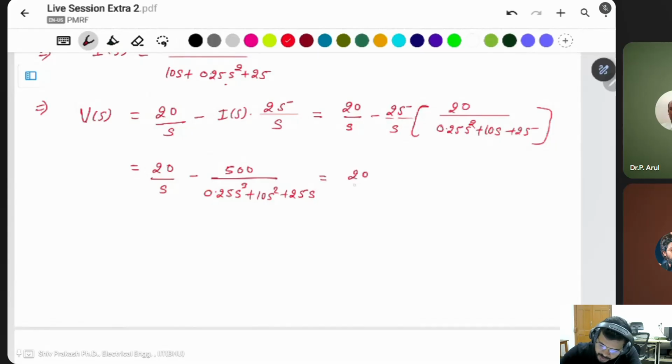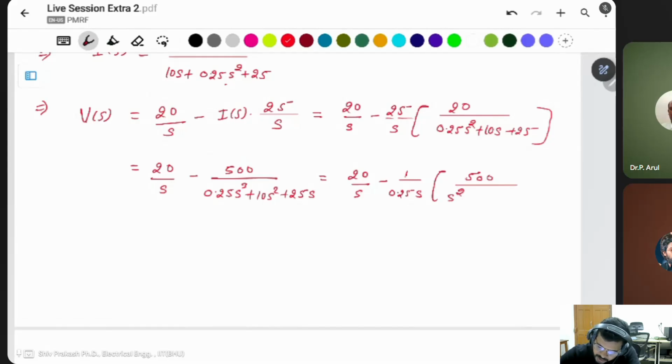This is 20 by s minus, I take a common as 0.25 s, 1 by 0.25 into s. That means this is 500 divided by s square.